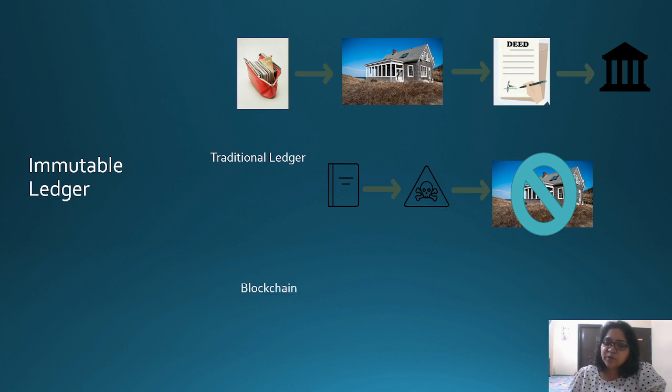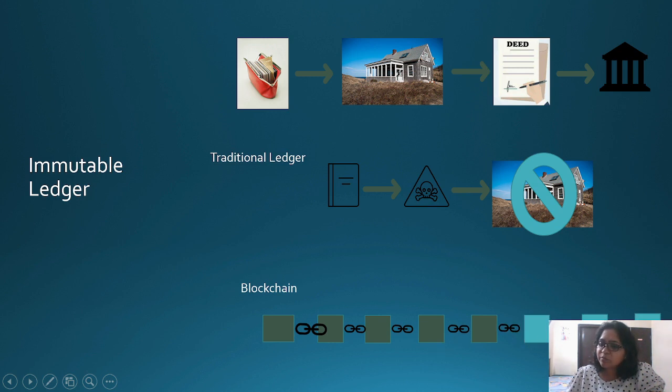But if you come into the picture of the blockchain, think about how blockchain can help with immutability. This is the blockchain, right? There are multiple blocks which are linked in the chain, and multiple blocks keep getting added to the blockchain. Now suppose this is the house, and this block stores the information. Now somebody is trying to steal this information from this block.